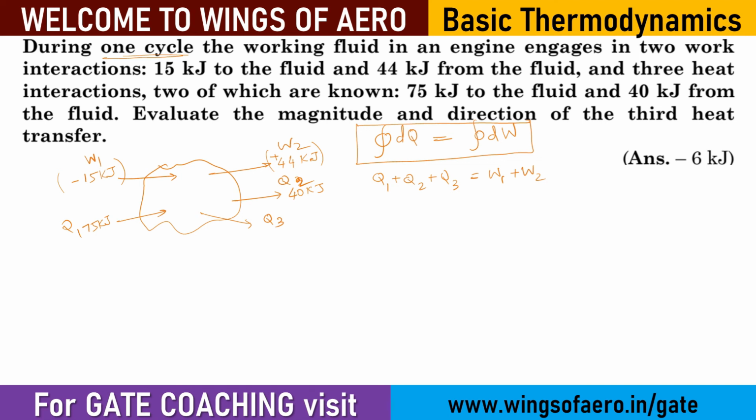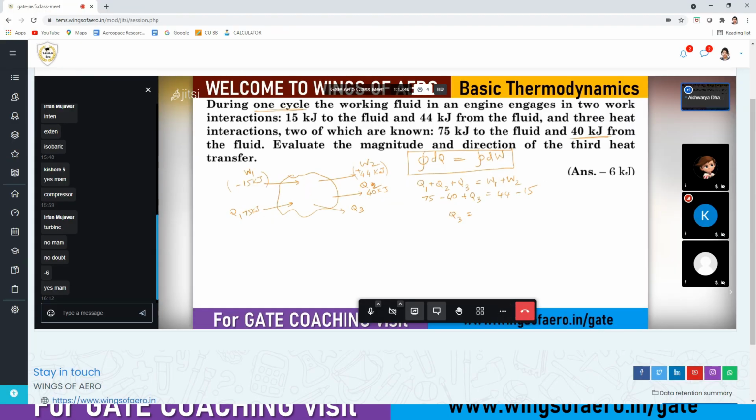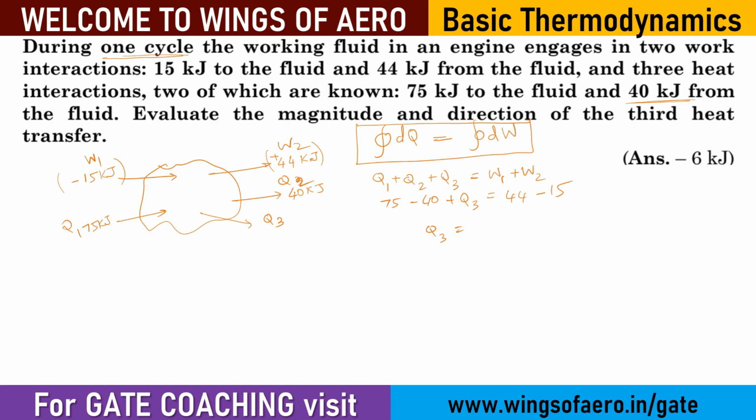Now Q2 is from the system, so it has to be negative. Substitute those values: 75 minus 40 plus Q3 equals 44 minus 15. Now find Q3 and see whether you are getting the answer. You are getting the answer as minus 6.